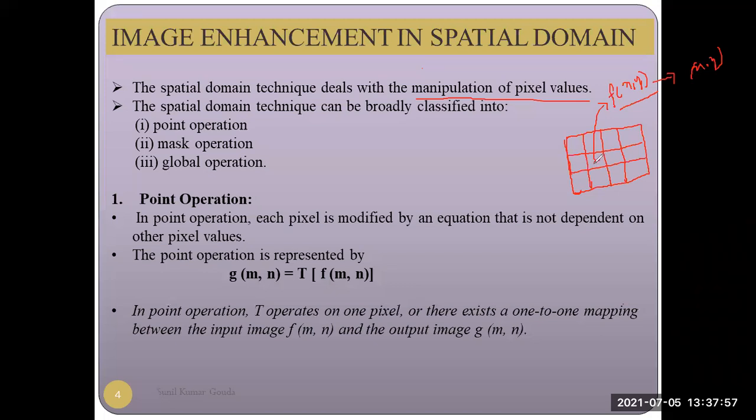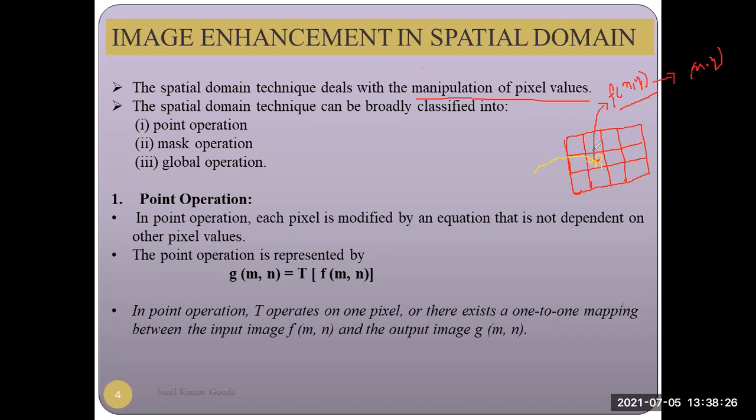Now, whenever we say image enhancement is performed in the spatial domain, we mean that we are performing some operation. Suppose this is my point P1, and I am performing a certain operation on this P1, for example improving the brightness or intensity of P1.